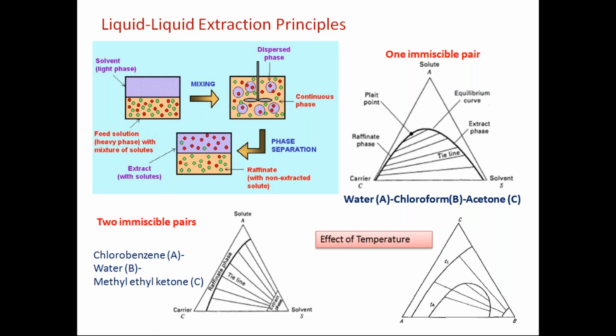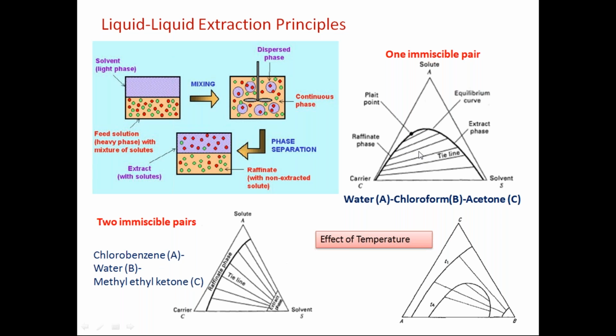So here also you have no chance of separation at the plait point, and that is also called the single point tie line, because the tie line represents the equilibrium stages. Below the curve you have the heterogeneous phase. Outside of this demarcating curve we call it the homogeneous phase.